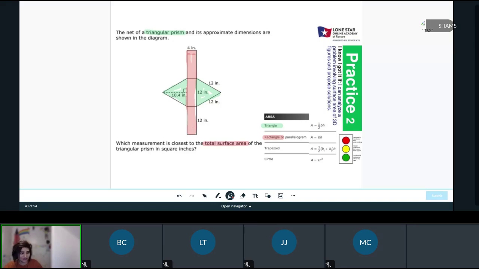Julissa, very good, with area of rectangles. Asher, let me see. Very good with area of triangle, Asher. So you all have a choice. I'm not going to restrict you to stick to this room. 264. Itzel, are you listening?